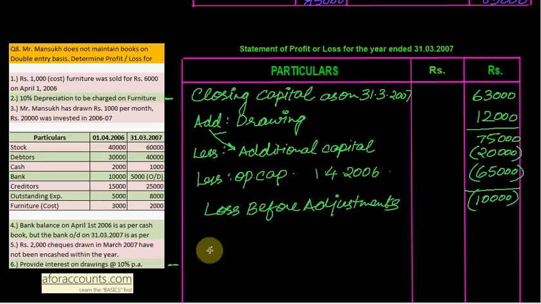This is remaining. So depreciation charged on the asset we will have to subtract, less depreciation on furniture.